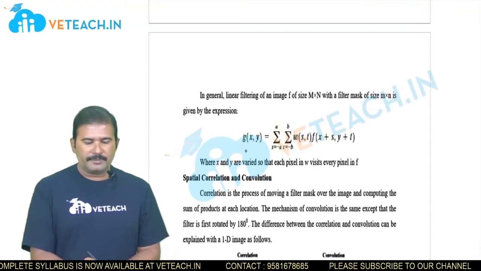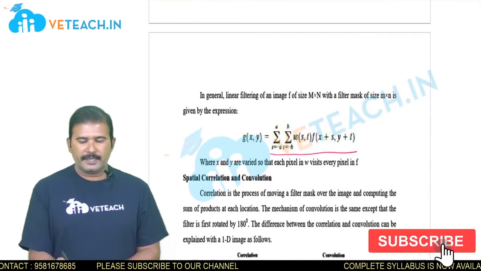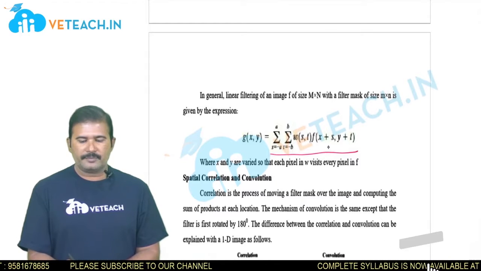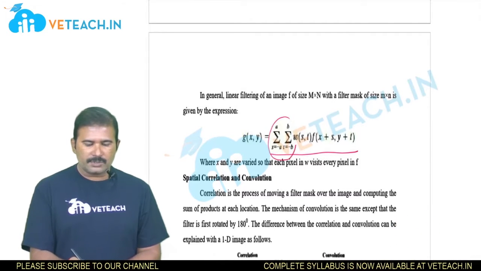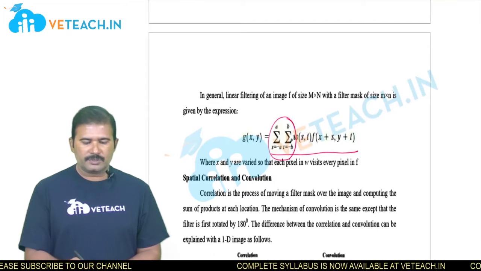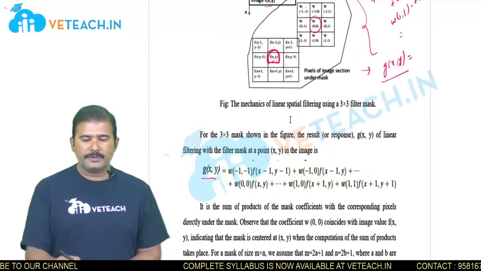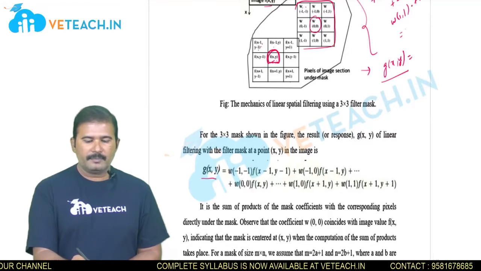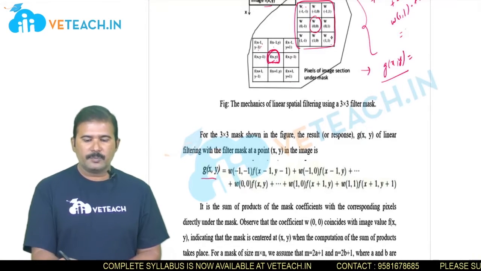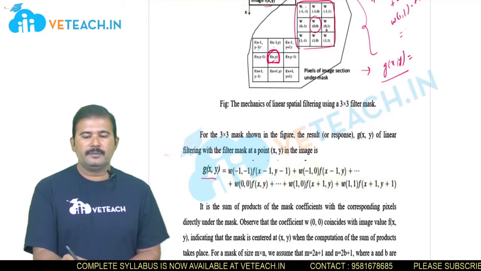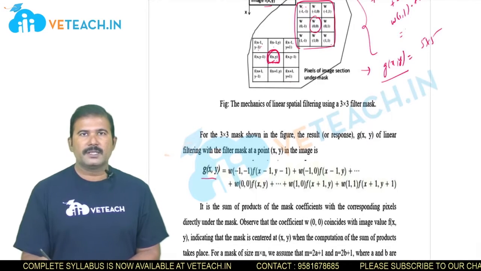This is called the spatial filtering operation, defined as g(x,y) equals the sum of w(s,t) times f(x+s, y+t), where s ranges from -a to a and t ranges from -b to b, representing the range of the filter, which here is defined from (-1,-1) to (1,1). We can take not only 3x3 but also 5x5, depending upon the application.